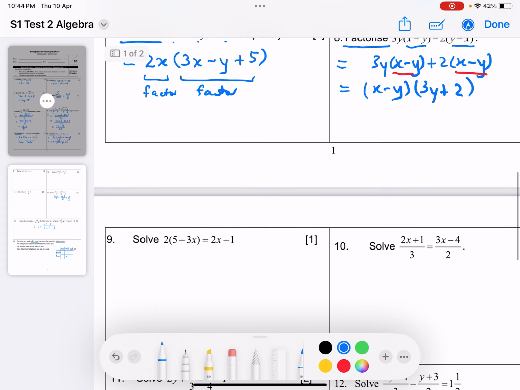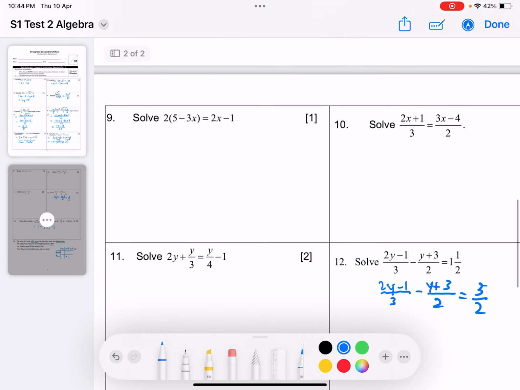Next we move on to solving equations. For solving equations, we need to put the x terms all on the left. The first x term is in the brackets, so we need to multiply it out using the distributive law. Now, on the right, we have a negative 6x. We want the x terms to be positive, so we bring it over.